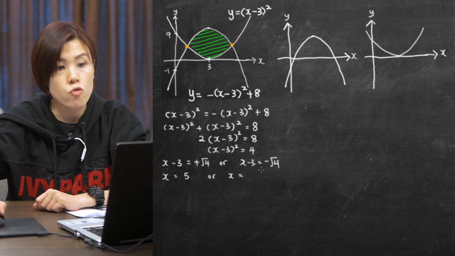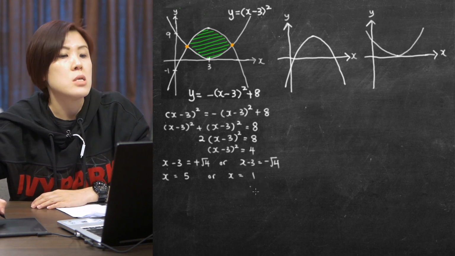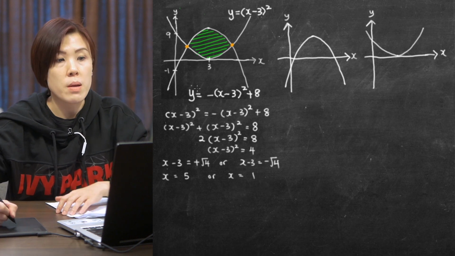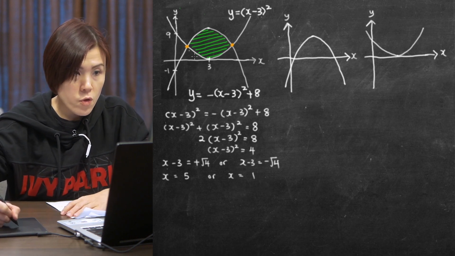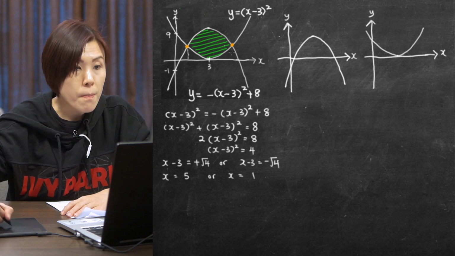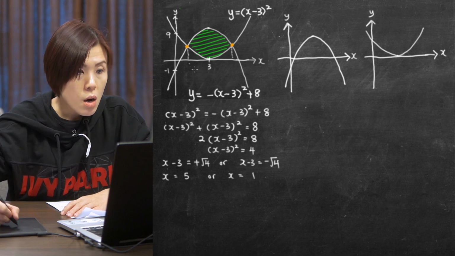Another one is negative 2 plus 3, which is 1. So these are the x-coordinates of the intersection points. The next thing I'm going to do, and this step is also very important, is from each intersection point, I will draw a line down to the x-axis to mark the x-coordinates of the intersection points, which are 1 and 5.